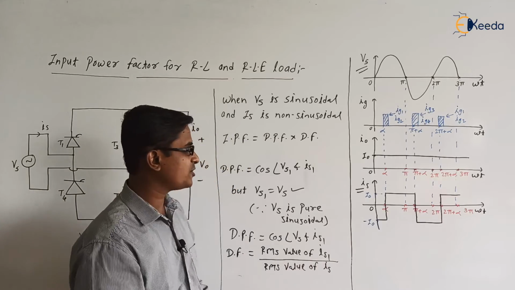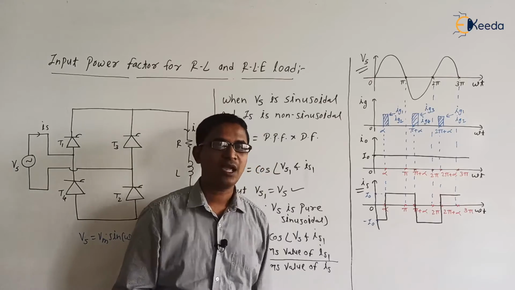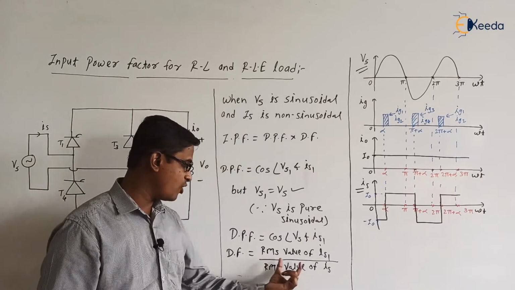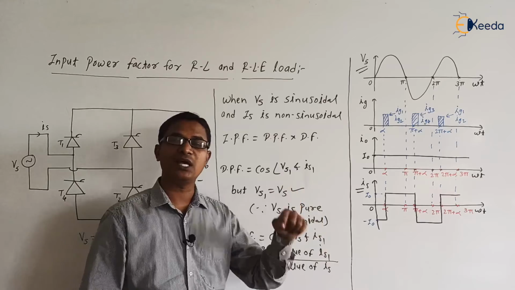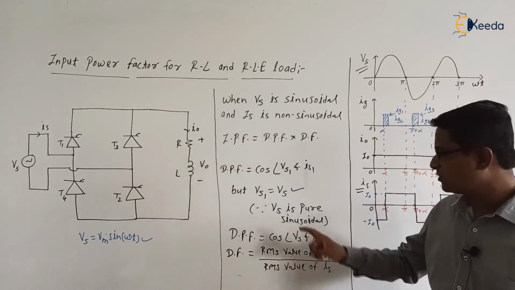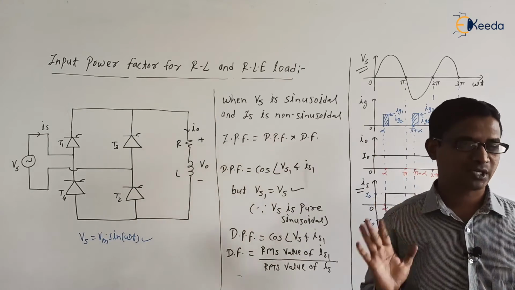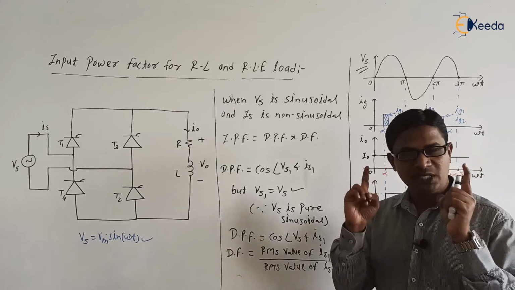RMS value of Is means we need to find the RMS of this waveform. The RMS value of Is1 we will find with the help of Fourier series analysis. The product of these two is nothing but the input power factor. Is this clear? Please try to understand.